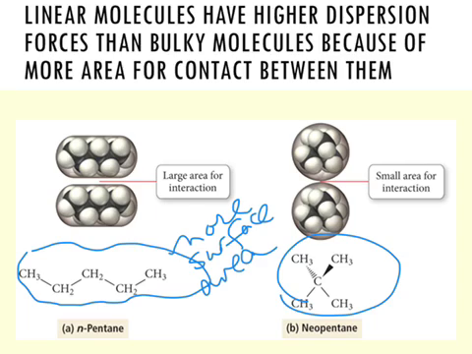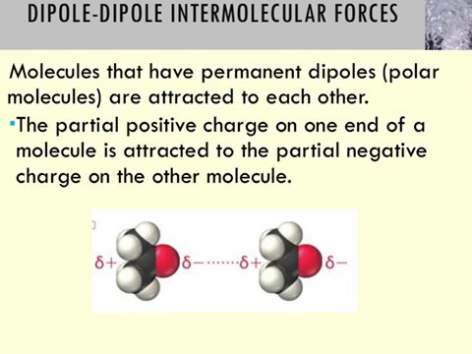Makes kind of sense, right? If you have something long and stretched out, it's easy to lay next to something else that's long and stretched out, get entangled, and it's harder to tear them apart, okay? So the linear molecules will have higher boiling points, higher melting points, because they have higher London dispersion forces.